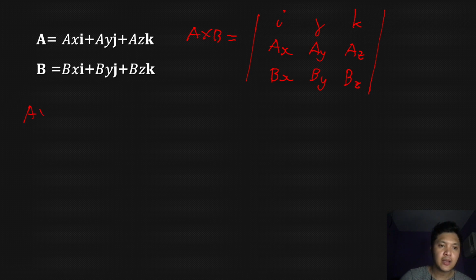So we have A cross B. Now if we want to get the I component first, we will disregard this first row and column, and then use this.